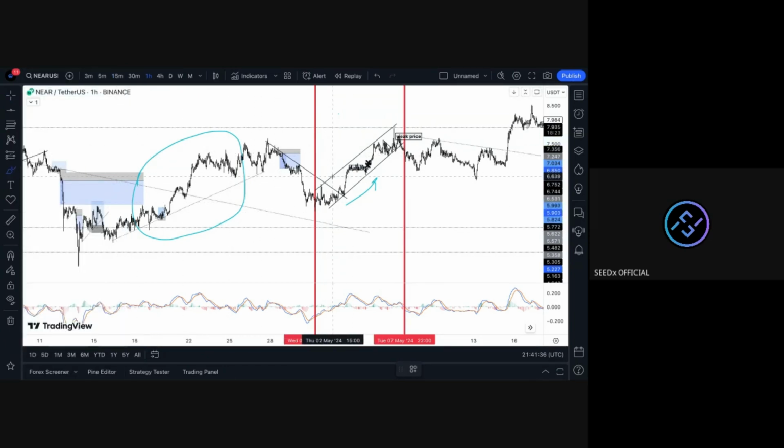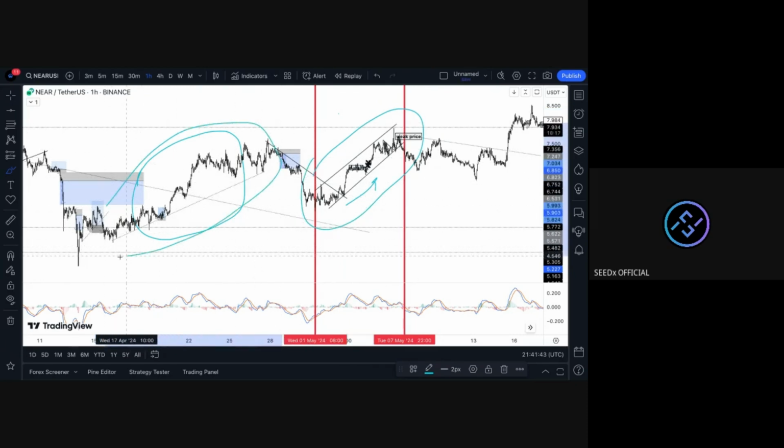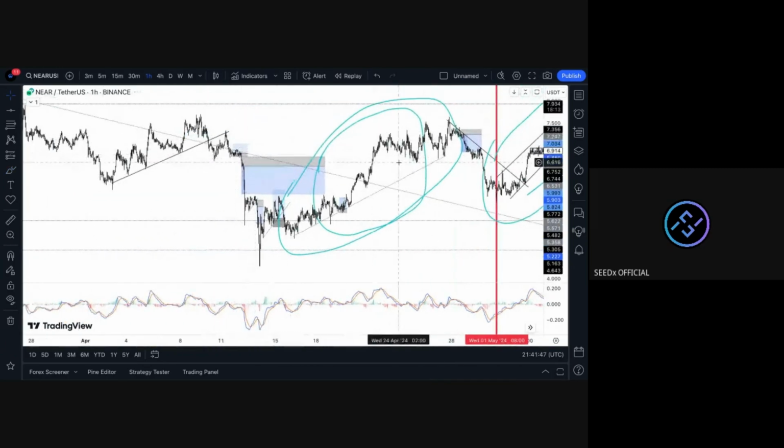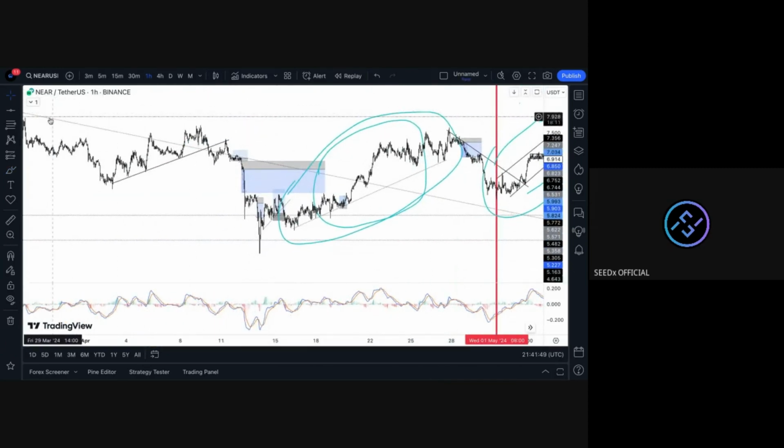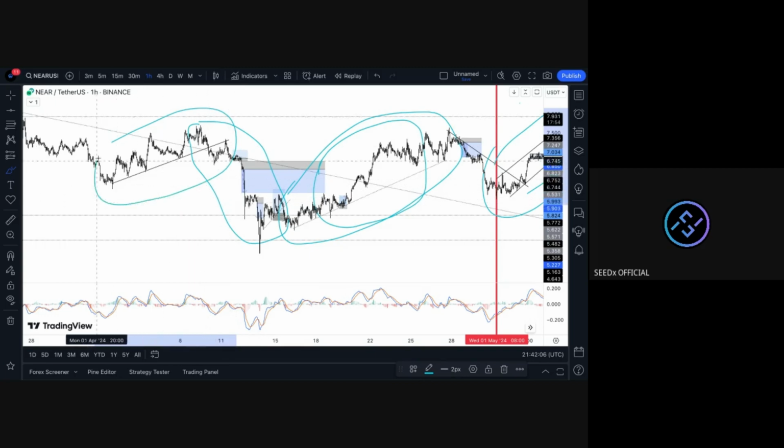This right here is an uptrend. Here, like this is an uptrend. This is also an uptrend. This right here is a downtrend. This right here is actually a downtrend. And also, yeah, this is an uptrend.